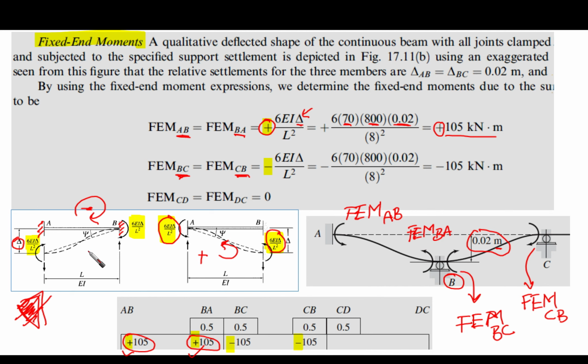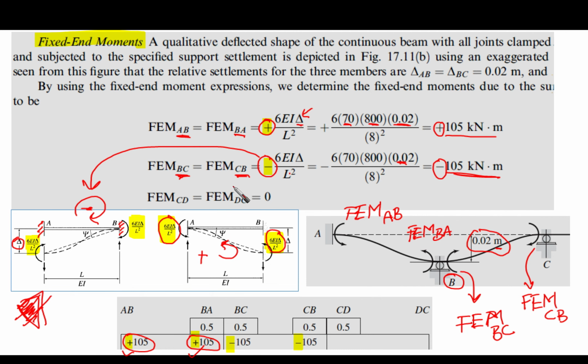So the moments, as we said, are going to be with the same sense, which is clockwise, and it is going to be negative, right? It will be 6EI delta over L squared, but with the negative sign. Why? Because we said they are going to be clockwise. If we substitute with the same delta, because it is the same settlement, we end up with minus 105, the same as the previous AB and BA.